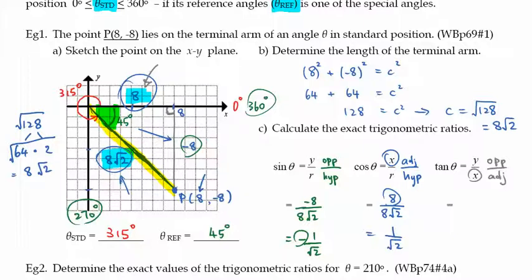The sign of this tangent ratio will now depend on the opposite, which is now having a negative value, because the line opposite to this reference angle is now -8. We have -8 divided by 8√2, and that will simplify to -1/√2.